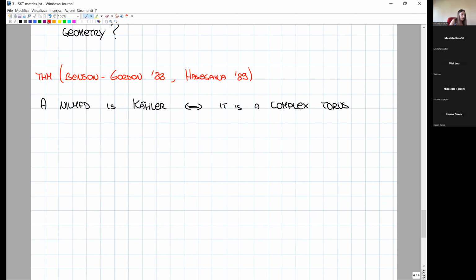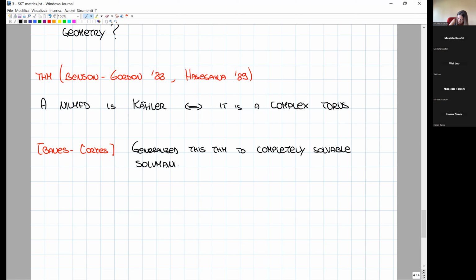Okay, and in fact, let me just say that also Benson and Gordon... I mean, Console and Fino generalized this theorem to completely solvable solv manifolds.